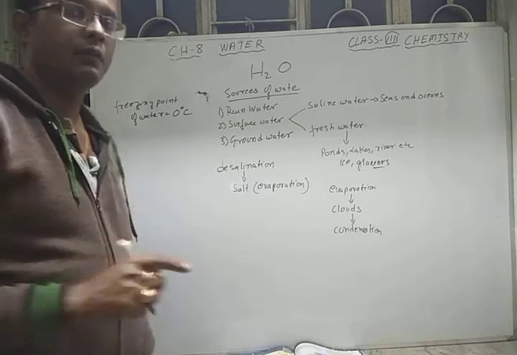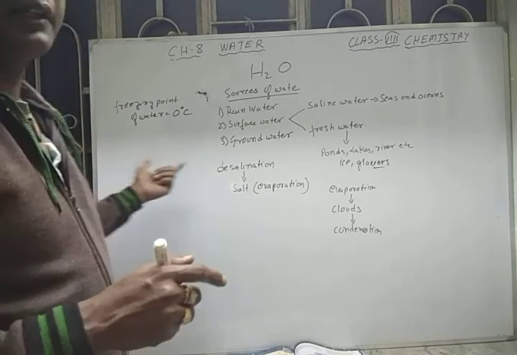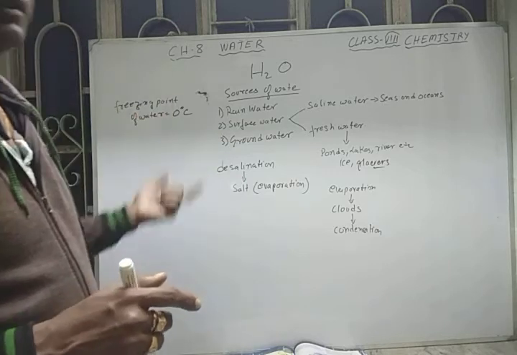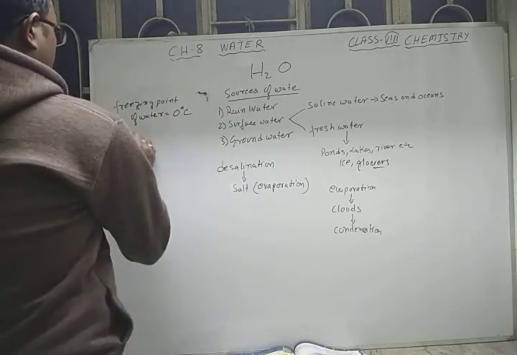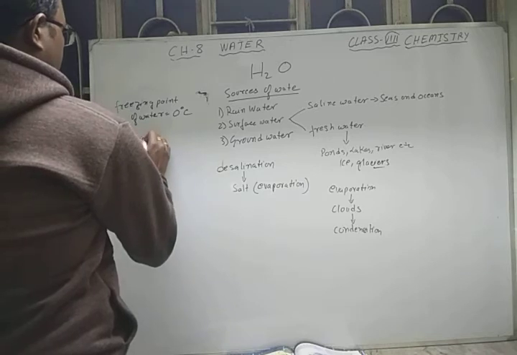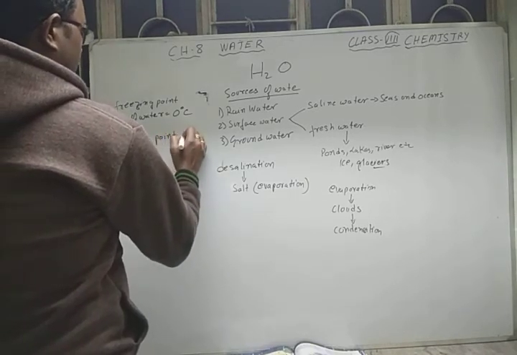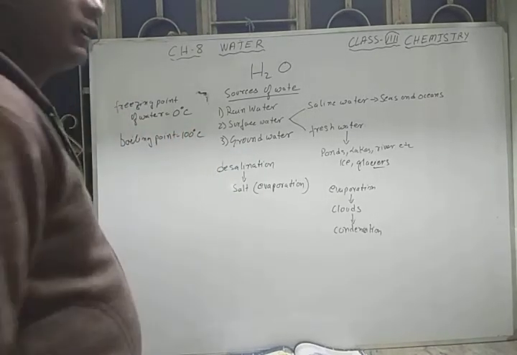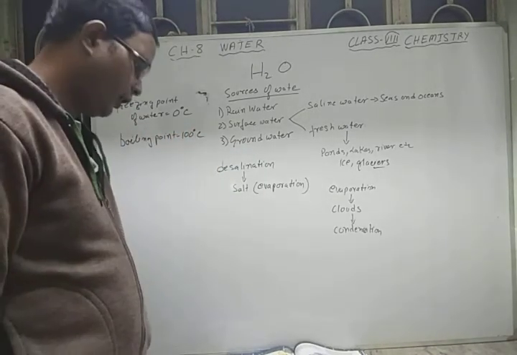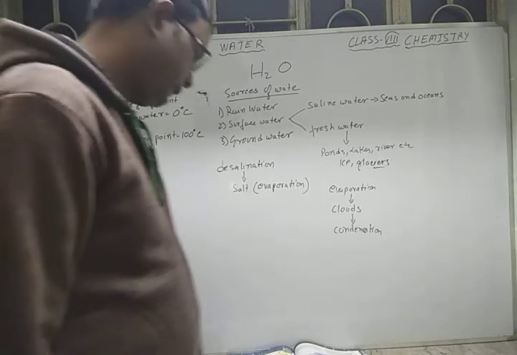If water contains some impurities, then the freezing point and boiling point both will change. So again, what will we write? The boiling point of water is 100 degrees Celsius. That means at 100 degrees Celsius, water starts boiling to form water vapor.